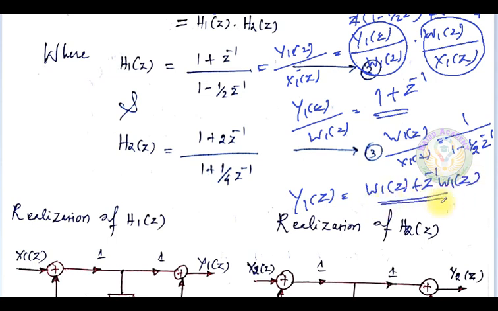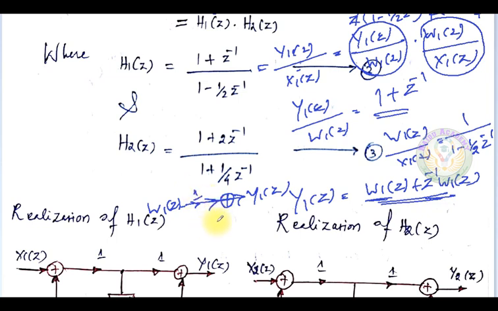If you draw the block diagram for this function, the output is y1 of z, and the input is w1 of z. So you will have an adder here, because y1 of z is the sum of this and this. So w1 of z will be directly added.